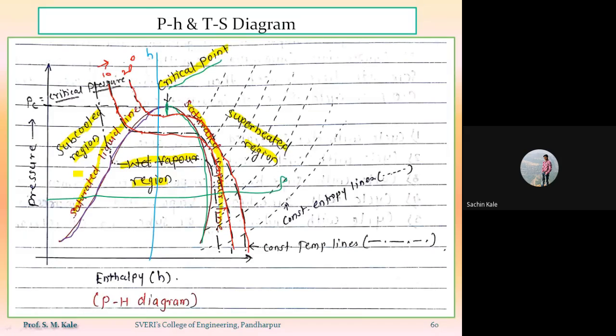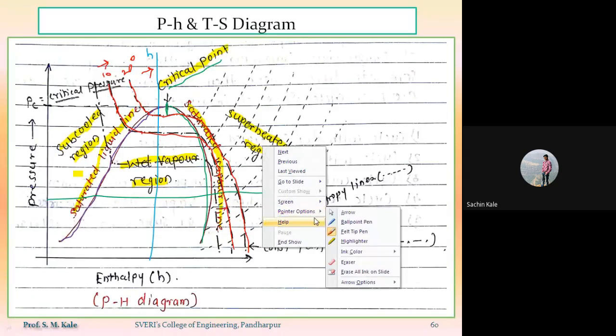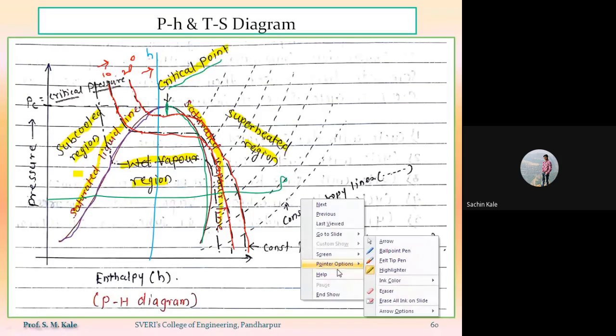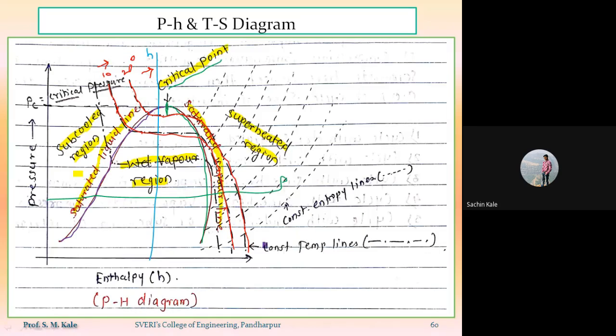Any point on this line will indicate the temperature as 20 degree centigrade, and the value of temperature goes on increasing towards this direction. So this is called a constant temperature line.